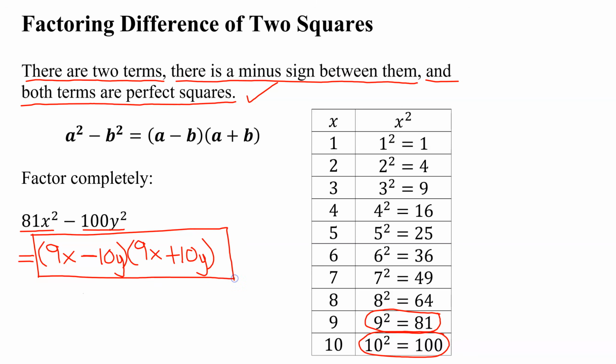So when I factor my expression 81x squared minus 100y squared, I get the quantity 9x minus 10y times the quantity 9x plus 10y. And it would have been equally correct if I'd written the 9x plus 10y before the 9x minus 10y. One last thing, I can check my answer by FOILing out these two binomials to see if I get my original expression.